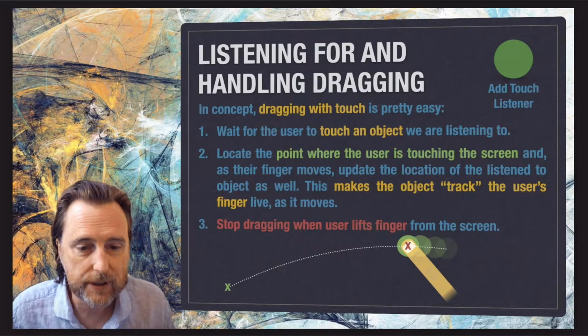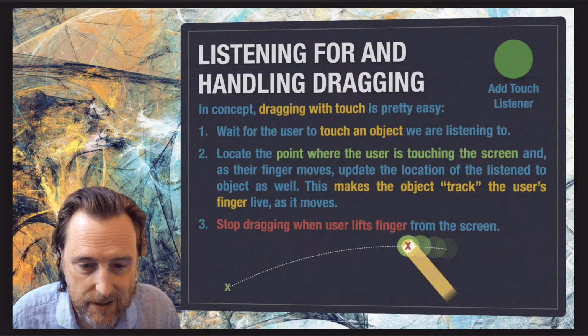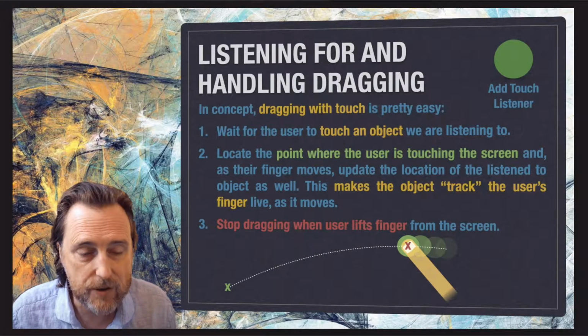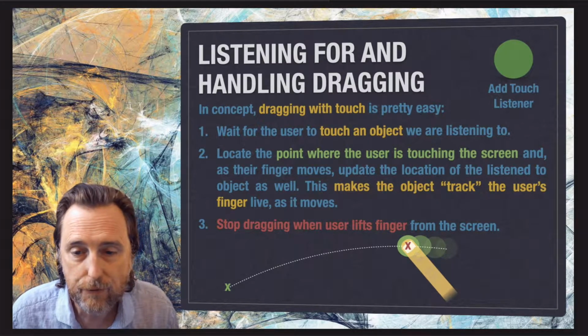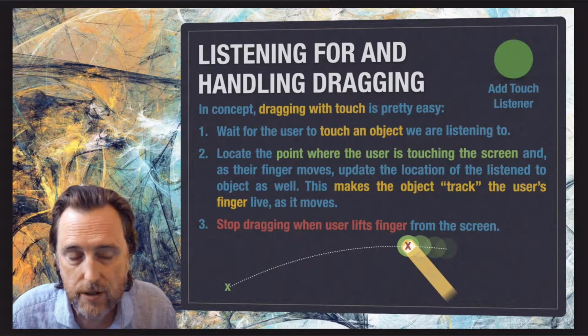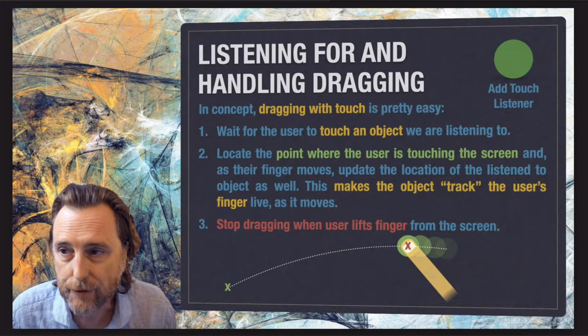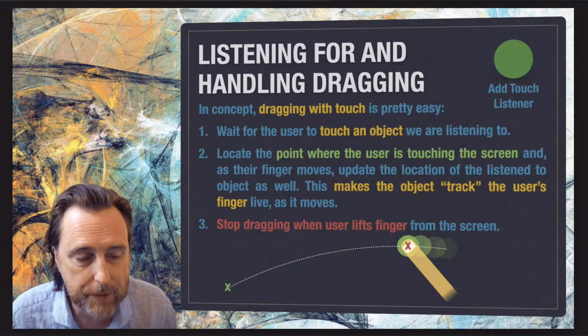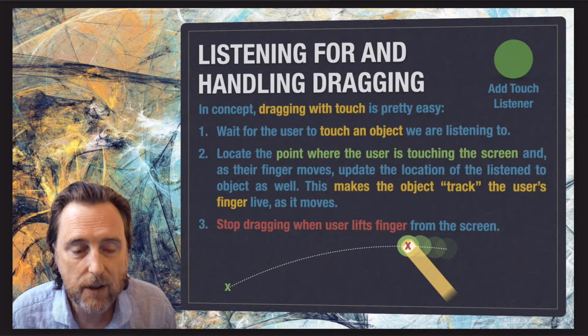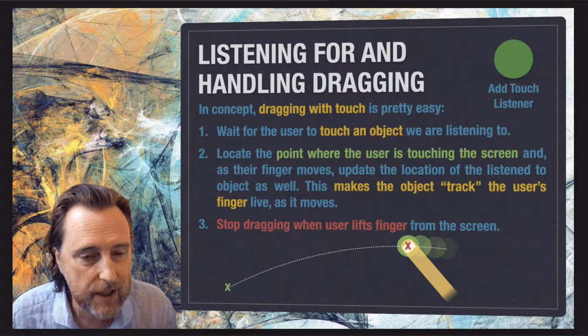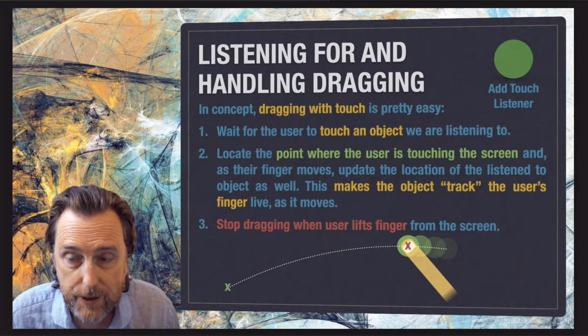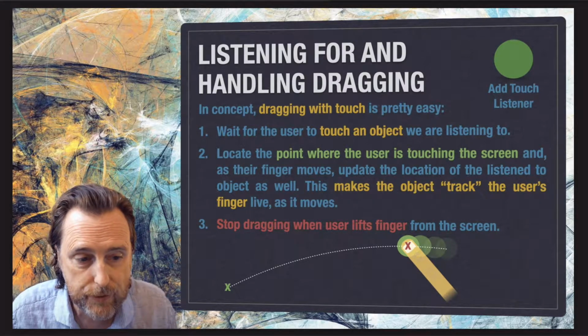So conceptually, drag is actually kind of easy in that as the user moves their finger, we'll assign the location of that object to the XY location of their finger. We'll be coding it in that touch handler so that whatever that object is follows the finger.